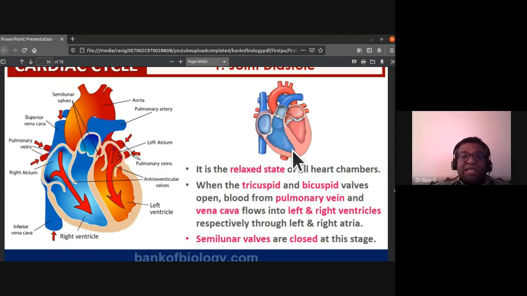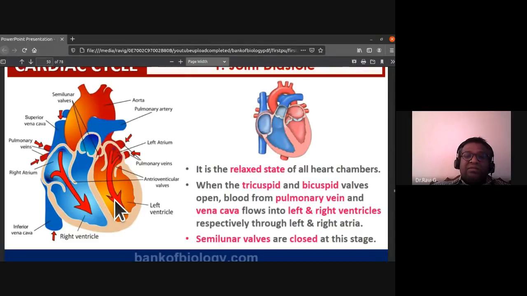Here you can notice when the tricuspid and bicuspid valves open, blood from the vena cava, that is superior and inferior vena cava, flows into the right ventricle. Similarly, the blood from the pulmonary vein flows into the left ventricle.